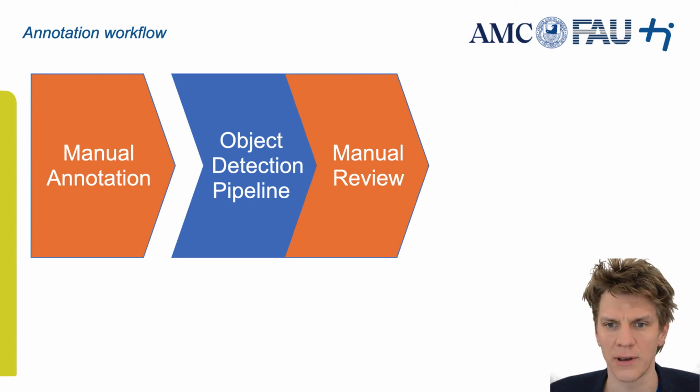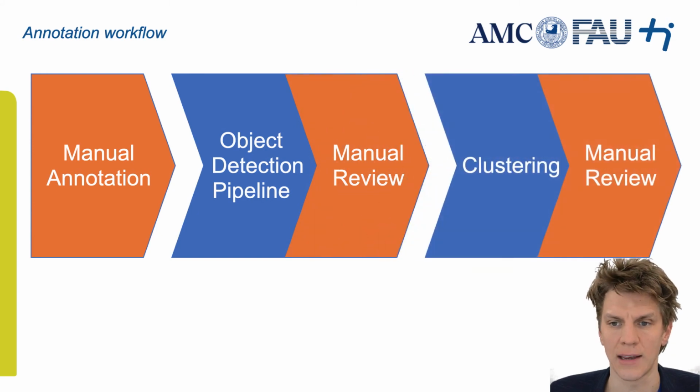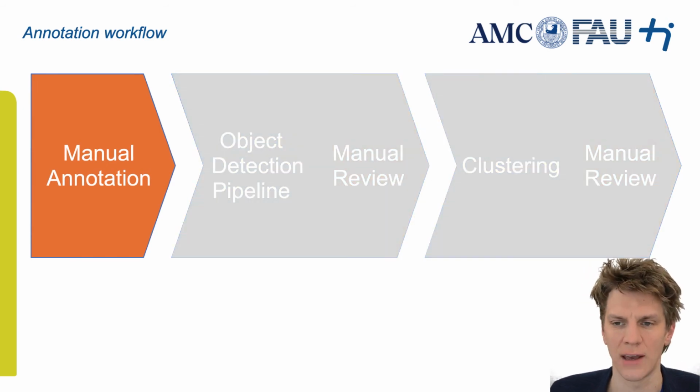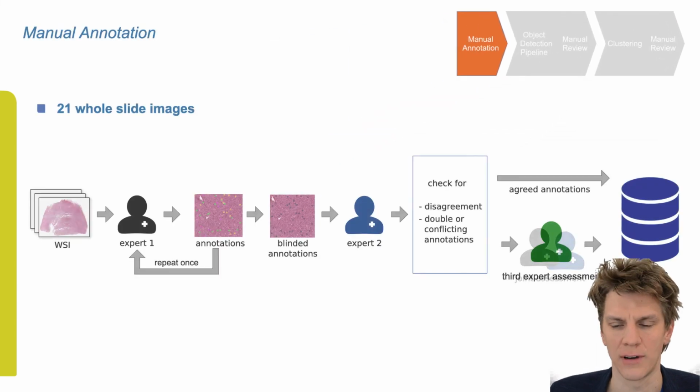Following that, we also had a manual review of the candidates found by the model. And lastly, we used a clustering approach in order to find possibly doubly falsely detected or falsely classified cells, which we then also manually reviewed afterwards.